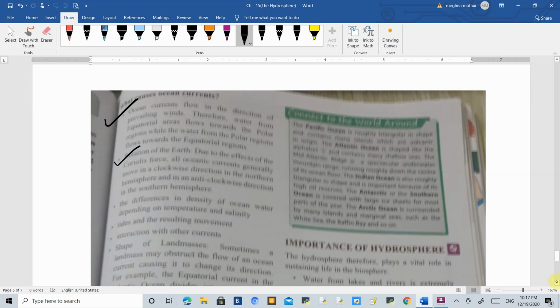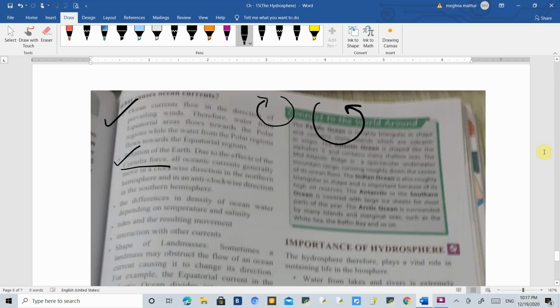Second is the Coriolis force. Now, what is Coriolis force? The Coriolis force says that due to the rotation of the earth from west to east, the water in the northern hemisphere will move in a clockwise manner, and the water in the southern hemisphere will move in an anti-clockwise manner.